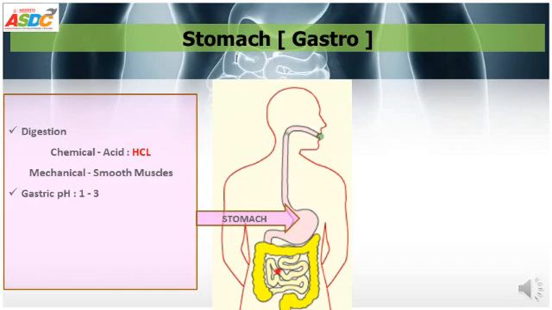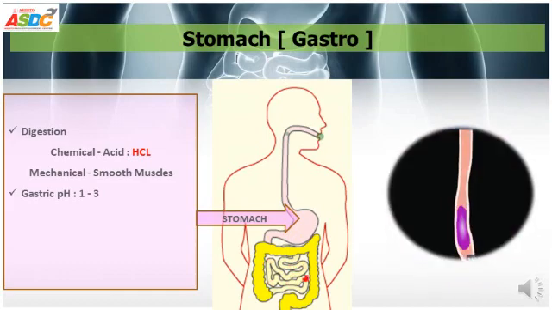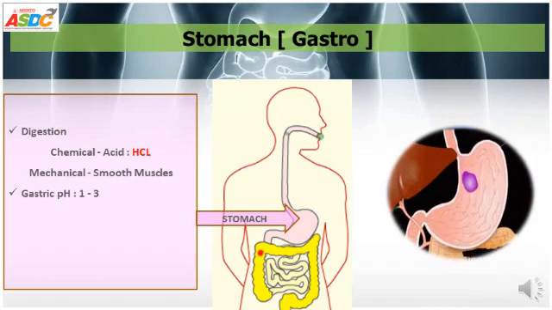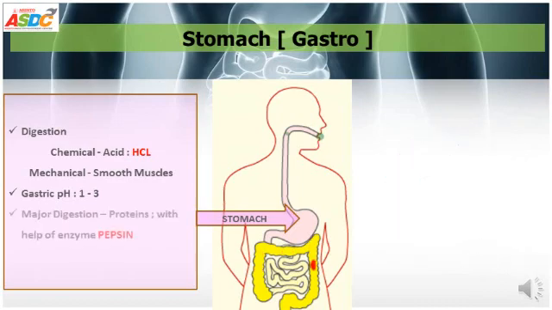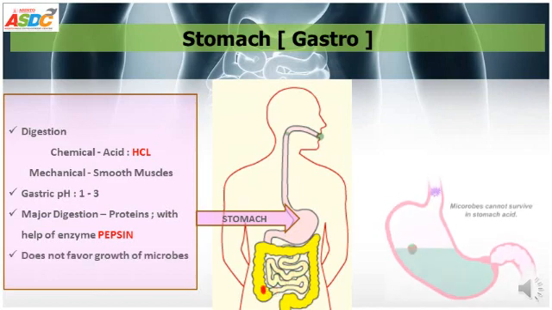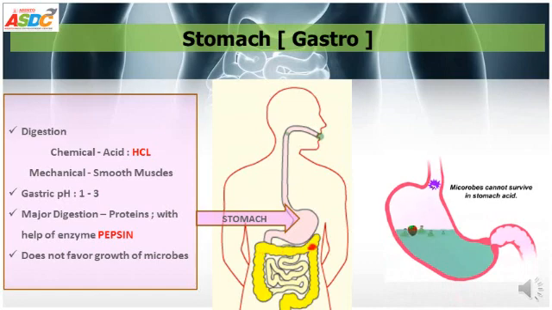This gastric acid is made by parietal cells with the help of an enzyme commonly called as proton pump. The major digestion in the stomach is that of proteins with the help of the enzyme pepsin. Also, due to high acidity, most of the microorganisms cannot survive or grow in the acidic environment of the stomach.